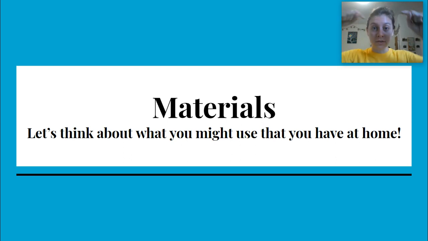Down below on the website, you're going to fill out a Google form. It has a long list of possible materials that you could use. These materials are things that you might have at home, and we hope that you have at least some of them. We want you to try and use as many items that you already have at home to create your artifacts and to design your character.